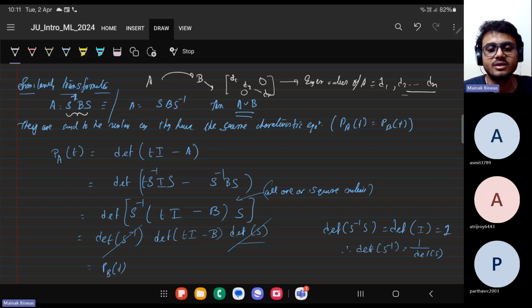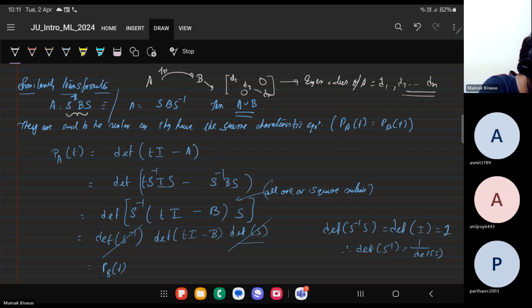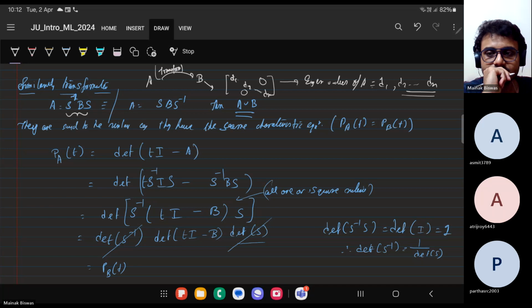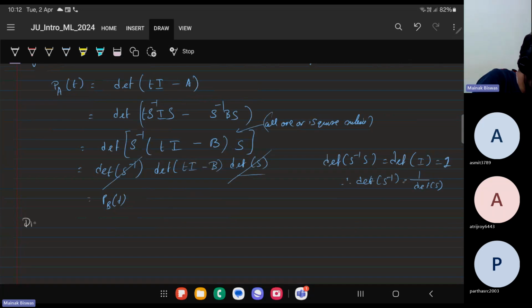This is one of the applications of similarity transformation. Is this clear? So if B is diagonal in some way, then A will have the same eigenvalues as the diagonal elements. Do you agree? Yes.